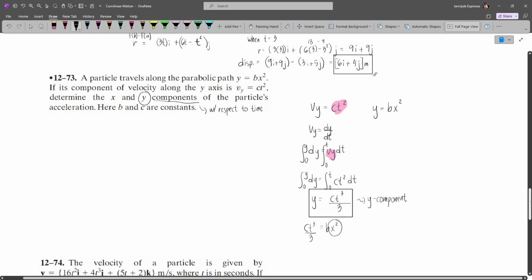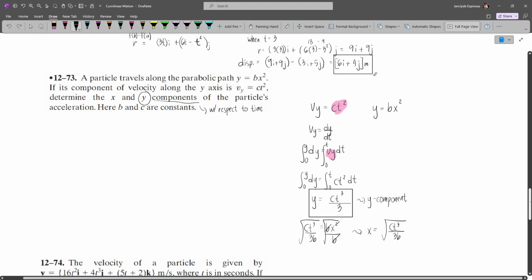So we can now solve for x. We can divide both sides by b, so this is over b. This will cancel. And then to get x, we can take the square root of both sides. So x equals the square root of ct cubed over 3b. However, we can simplify this further by moving t cubed outside.